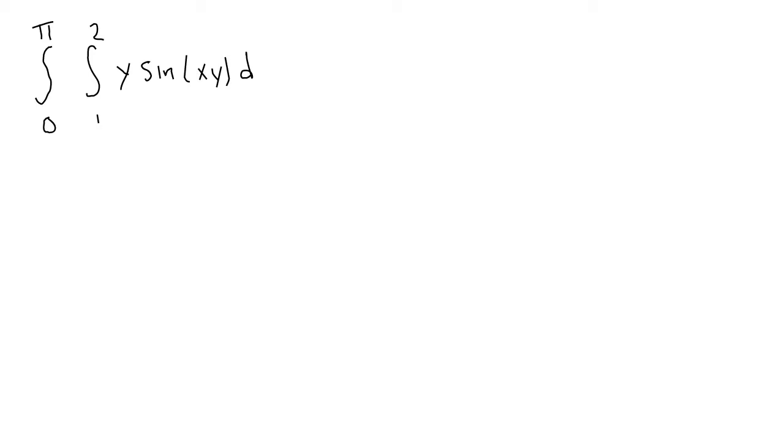Now, they are doing it this time dx dy. They're doing it in that order. So of course, what I'll do is I'll iterate. Iterate allows us to do it one at a time.